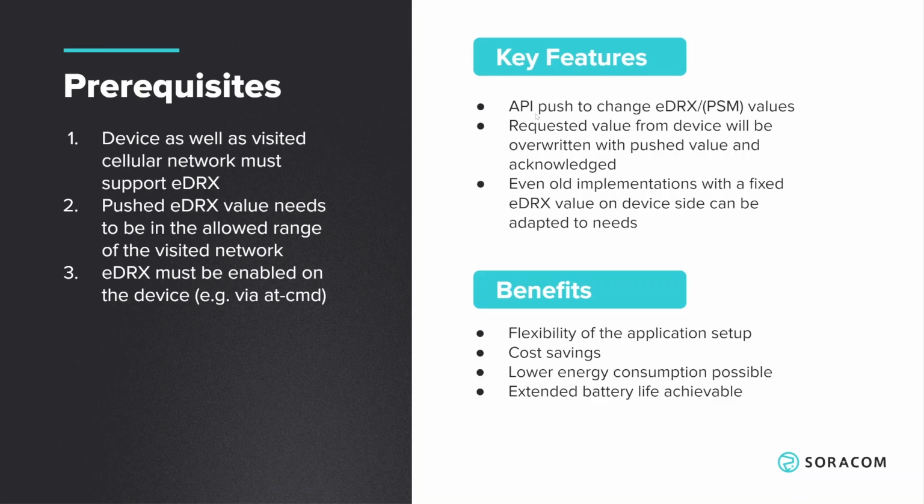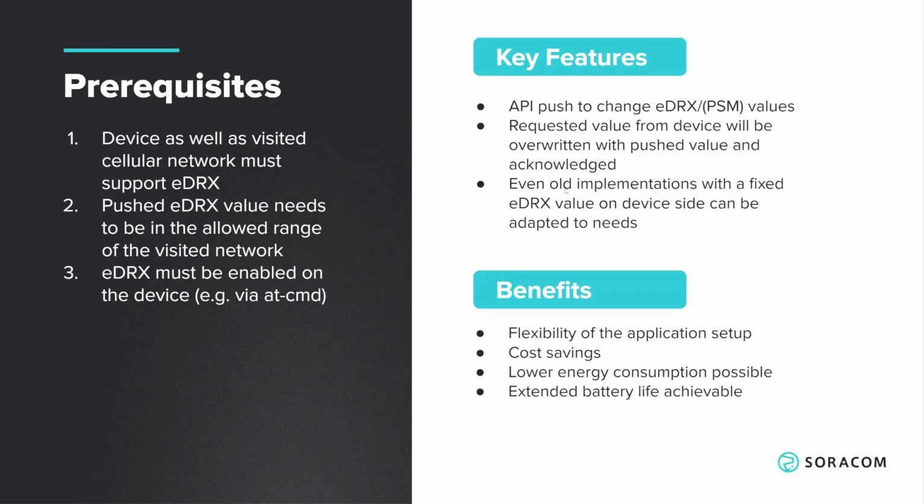So the key feature now is that we will push eDRX values to a device via an API call. This is done via this normal network behavior that the network is a master and will override the requested value from the device.